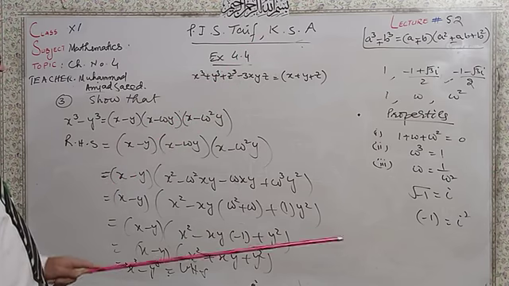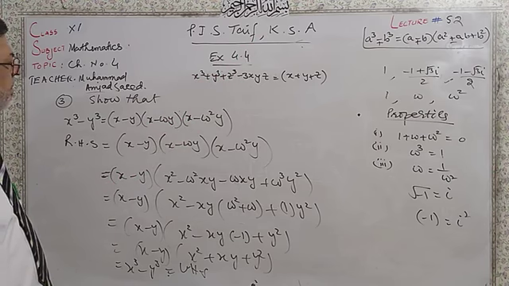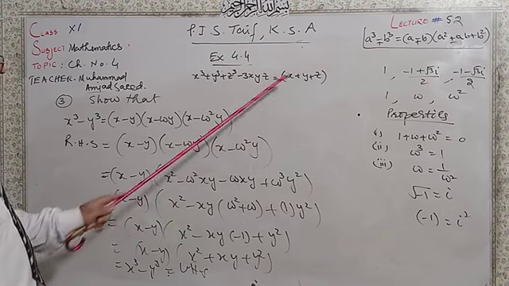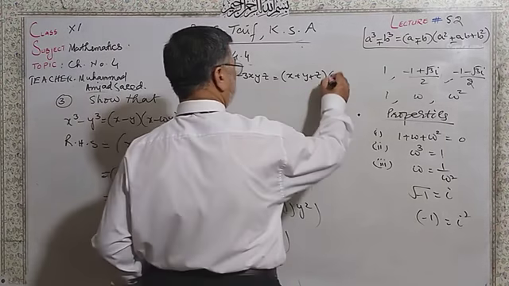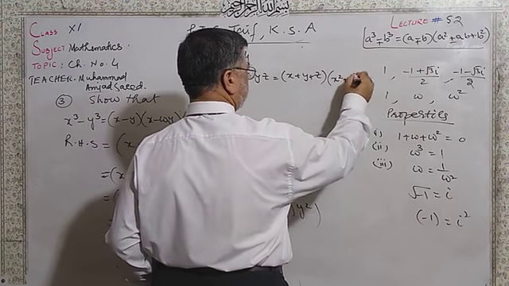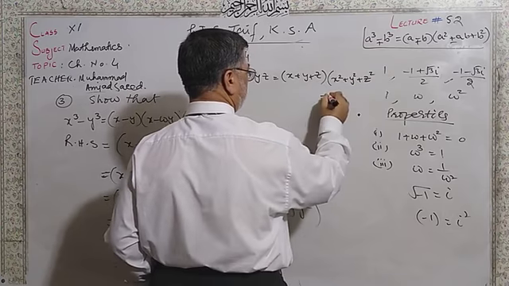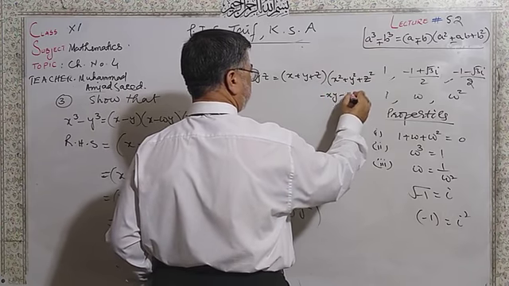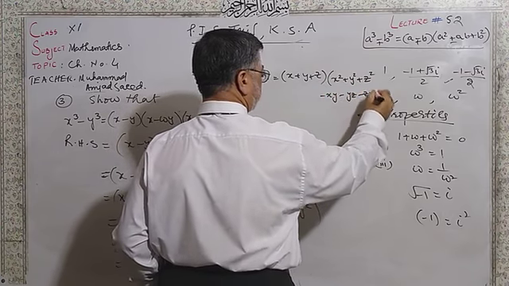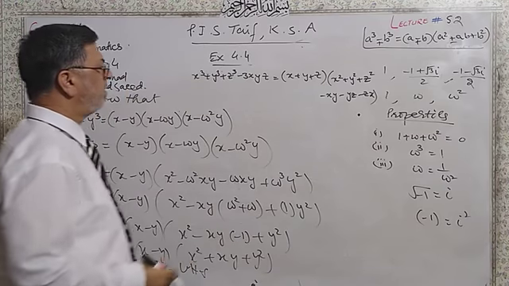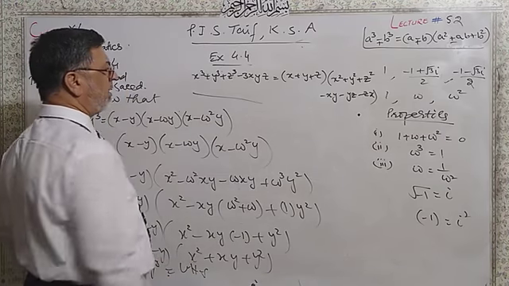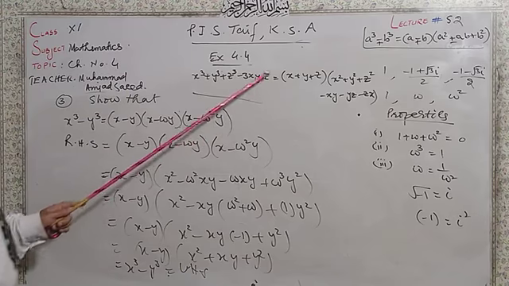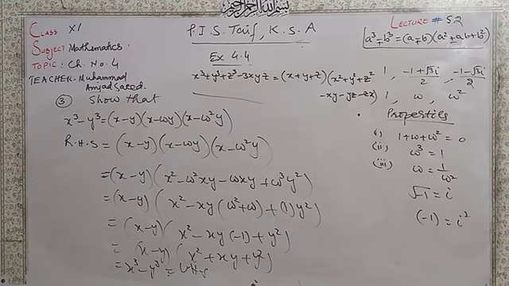Actually, left hand side is a formula. When you open it, then we can get x plus y plus z into (first square plus second square plus third square minus first second minus second third and minus third first). Remember that you can check this formula. Right hand side must be this one.